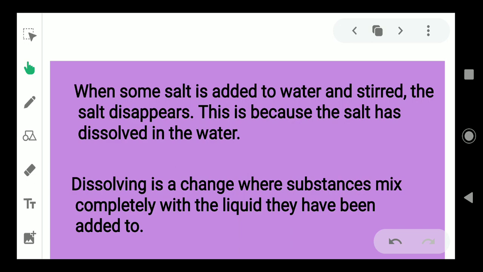That change of state is called dissolving.